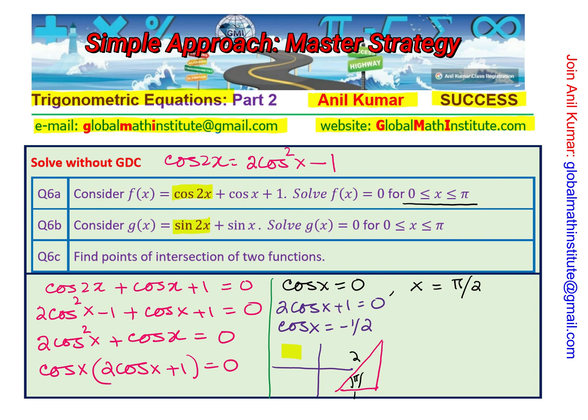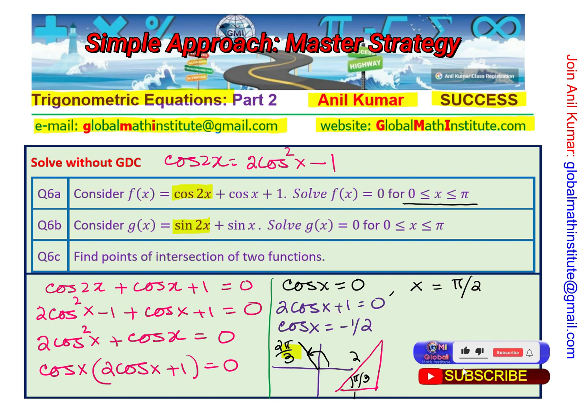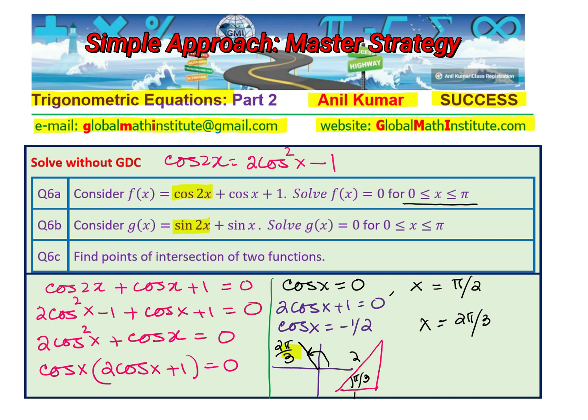The angle is pi by 3. So this angle being pi by 3 means in quadrant 2 it is 2 pi by 3. So we have this value of x as 2 pi by 3, correct? So we have two solutions for part A, one being pi by 2, the other 2 pi by 3. Perfect. I hope the steps are absolutely clear.